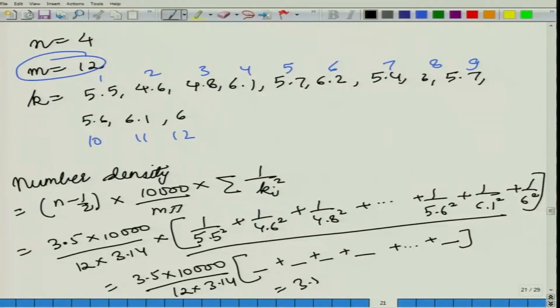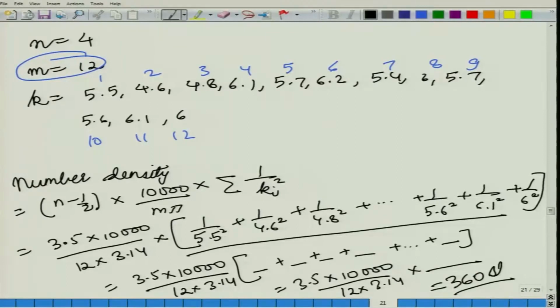So, you will write it as 3.5 into 10,000 over 12 into 3.14 into this value, which is equal to the value that you get. When you do all these calculations, you will get a value of 360 stems per hectare.